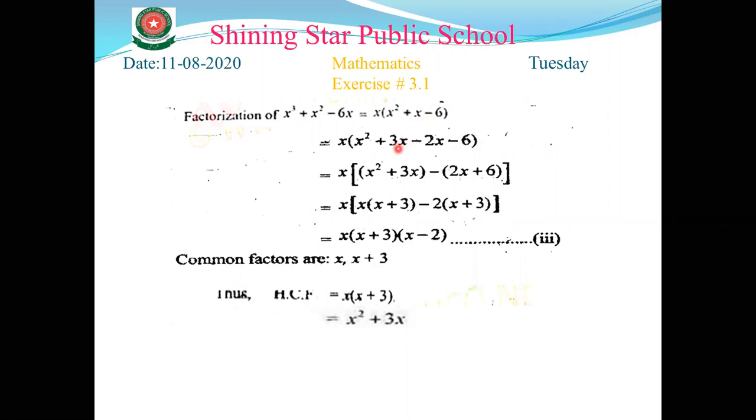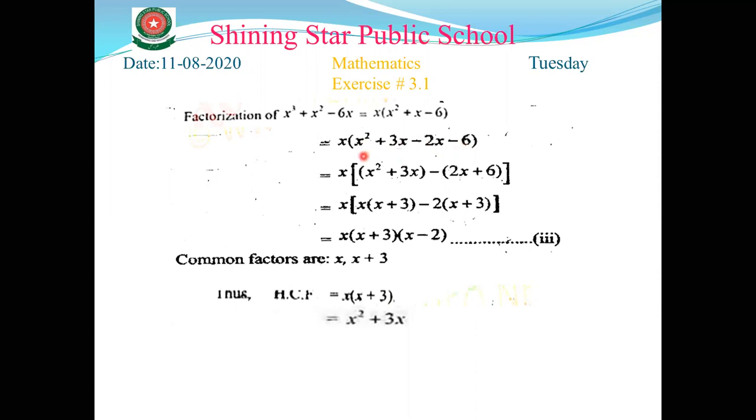So the numbers are 3 and minus 2. When we multiply 3 with minus 2, it will give you minus 6, and when you add 3 and minus 2, it will give you plus 1. Okay, now x^2 plus 3x minus 2x minus 6.